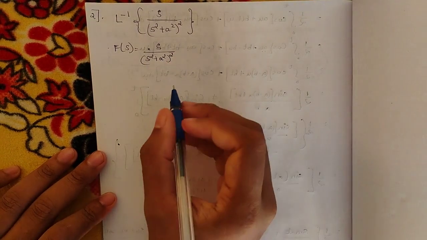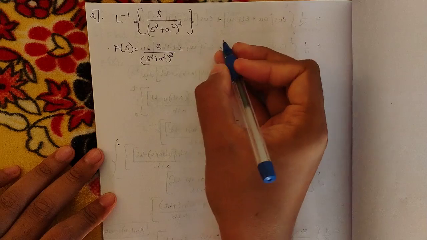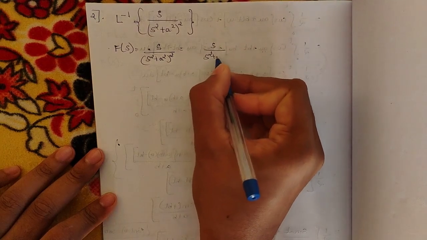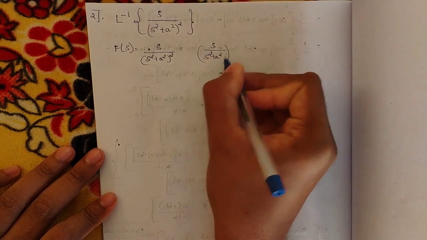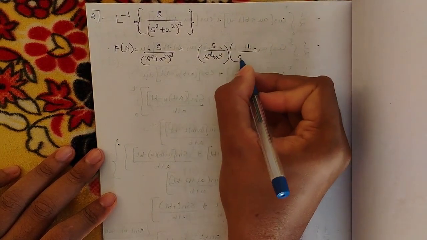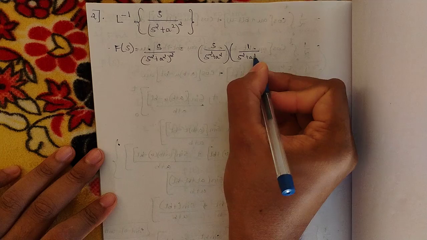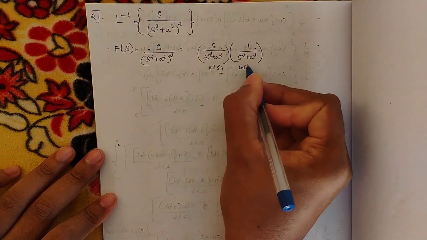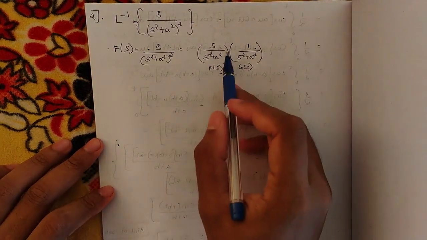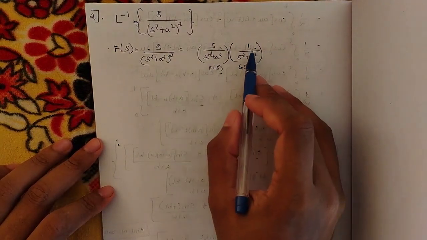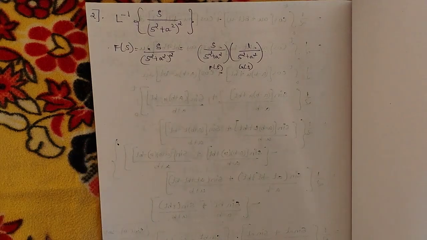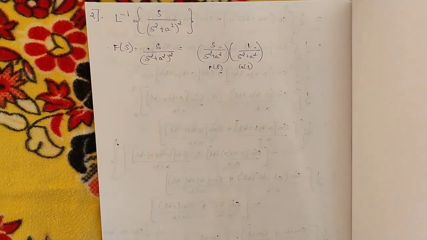So we can split this and write it as s divided by s square plus a square into 1 divided by s square plus a square, where this is f of s and this is g of s, right? Here I have just introduced the term 1, because if you multiply the denominator you would be getting this term only.